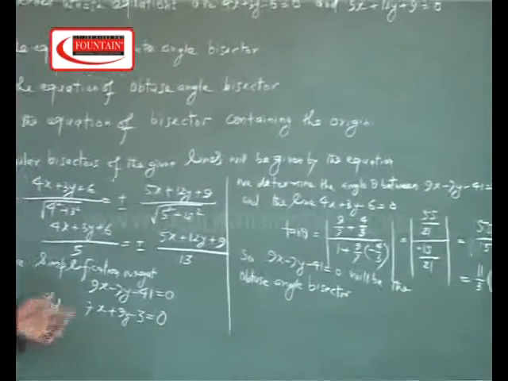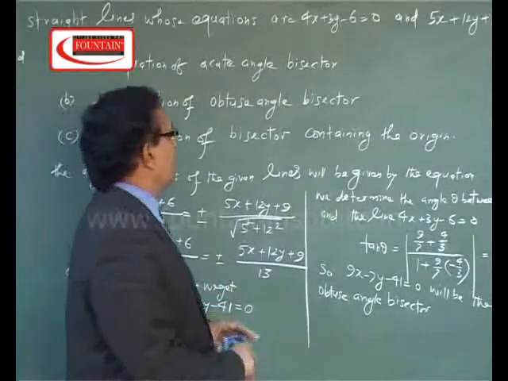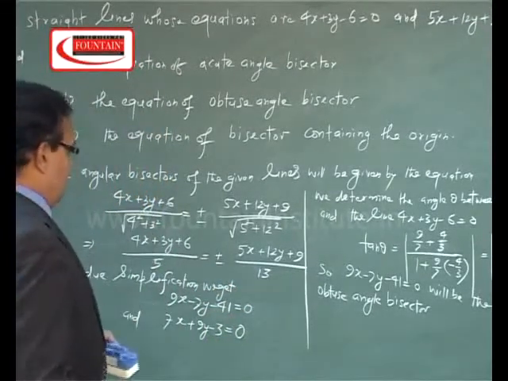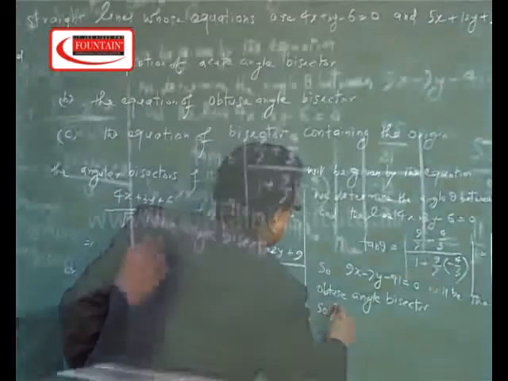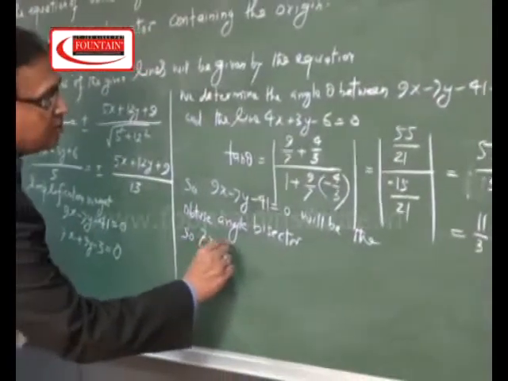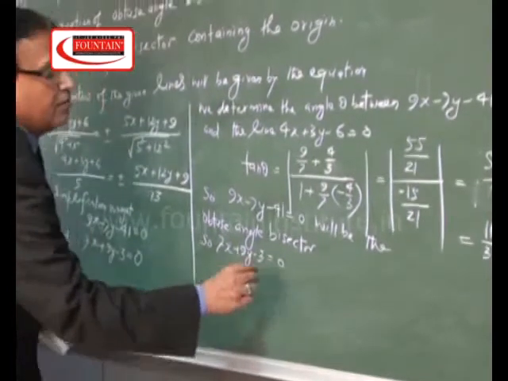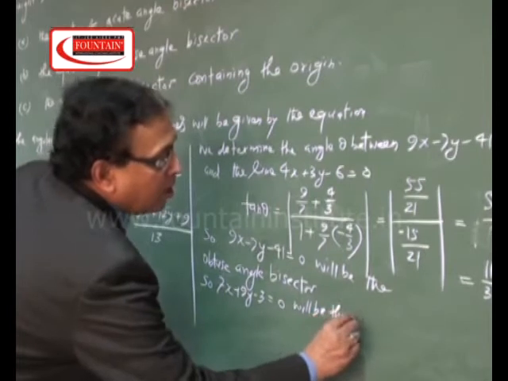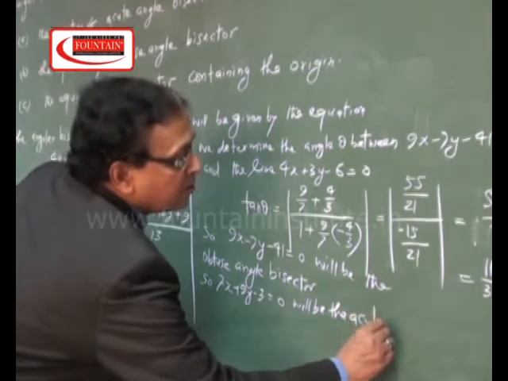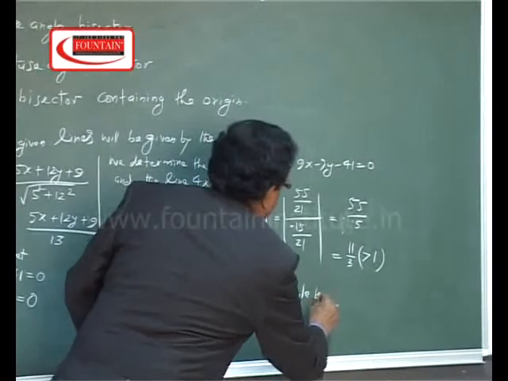So the other bisector will be the acute angle bisector, like this. The other bisector is 7x plus 9y minus 3. So 7x plus 9y minus 3 equals 0 will be the acute angle bisector.